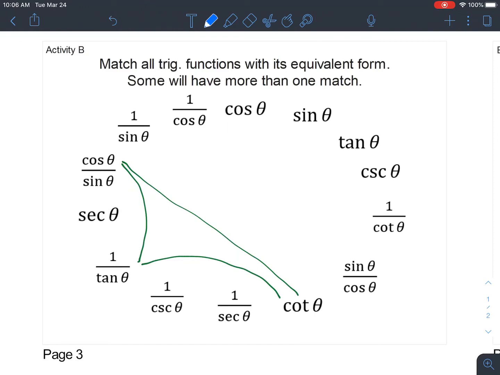Then if we've done that, we might as well move on to tangent, which we know is sine over cosine. And then we also know that tangent is going to be 1 over cotangent. So those three were going to go together.